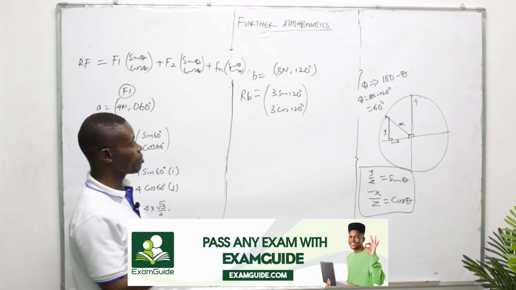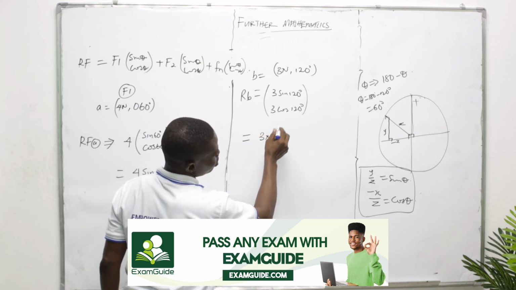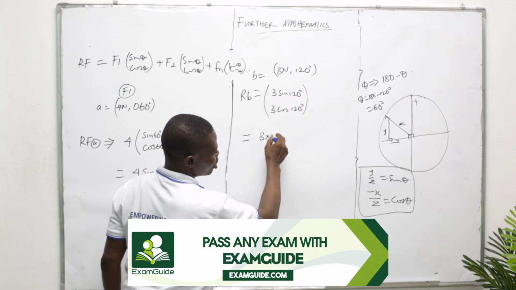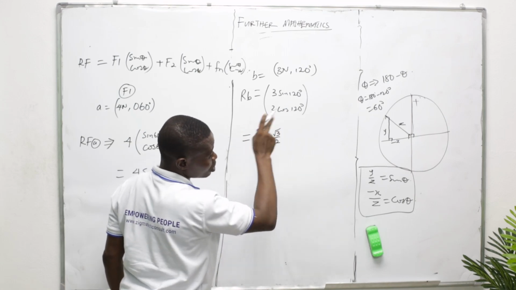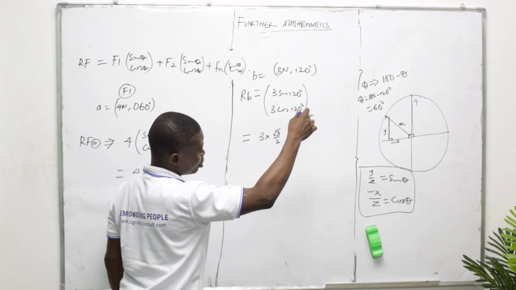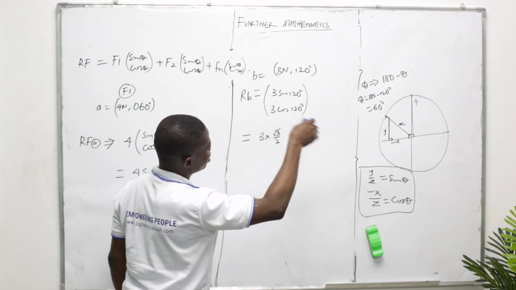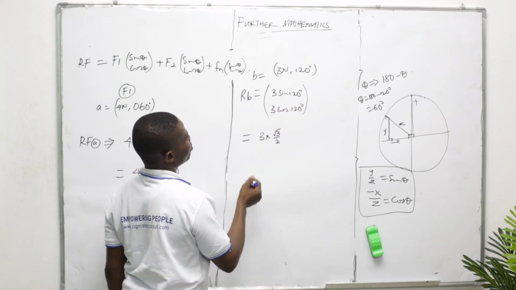So what do you do? This equals 3 times sine 60. I'm no longer saying 120, meaning root 3 all over 2, because it's the same thing as sine 60. You can punch your calculator wherever you are. You can see that sine 120 and sine 60 degree will give you the same value.